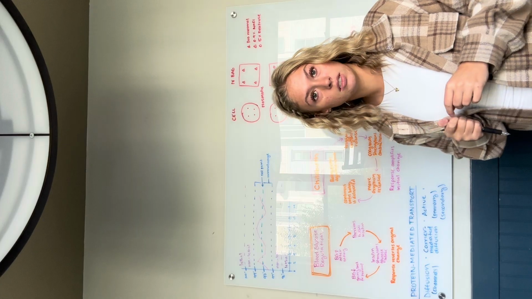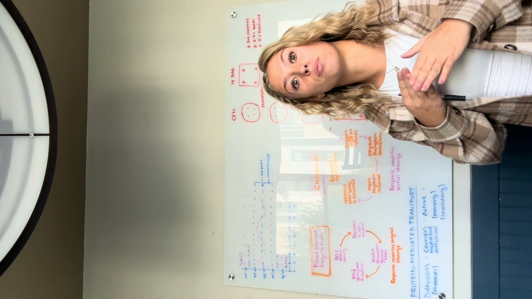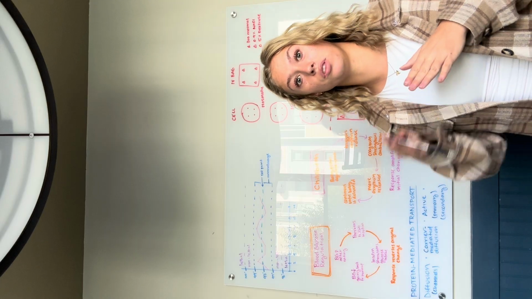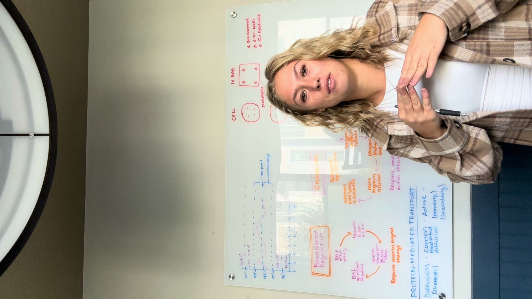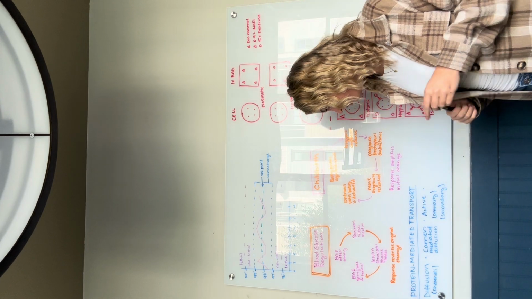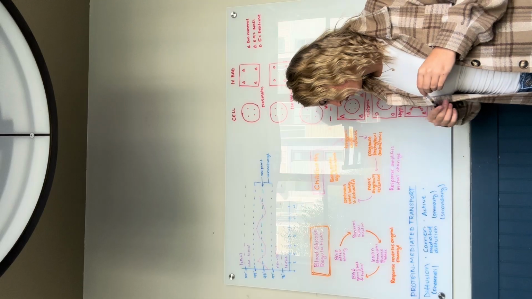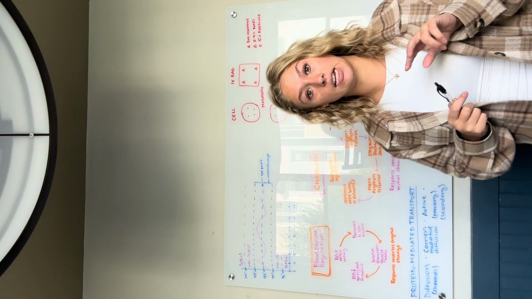With carrier-mediated diffusion, it has to bind to another molecule, and that molecule is kind of like a little bus driver, a little chauffeur that takes it through the membrane. Then with active protein-mediated transport, there are also two kinds, primary and secondary.